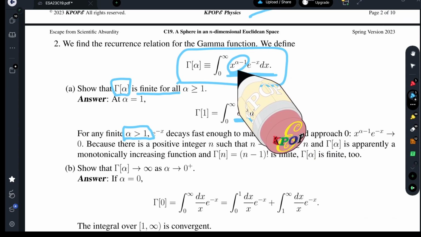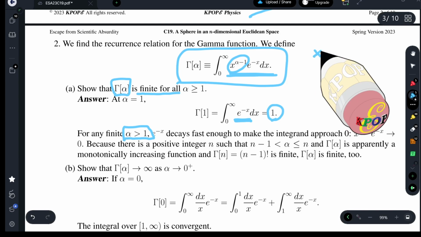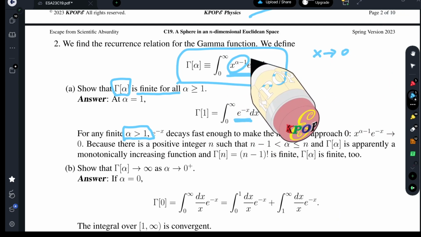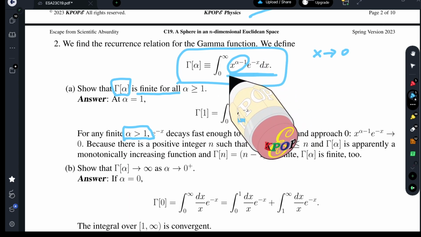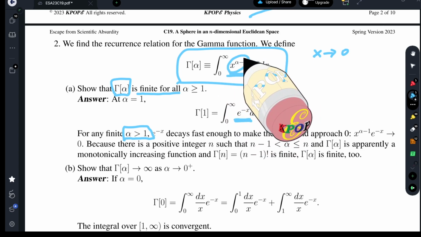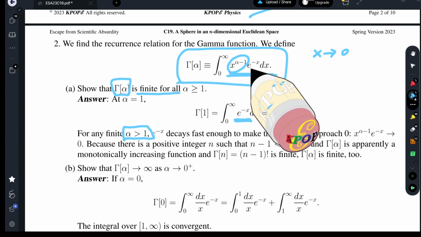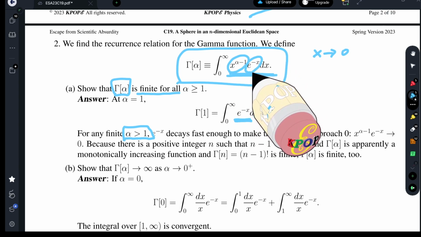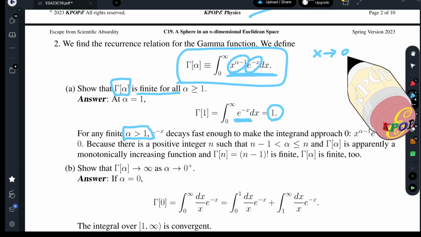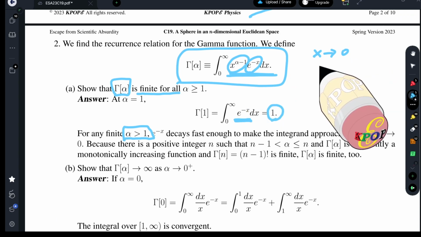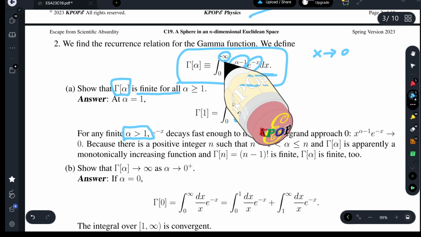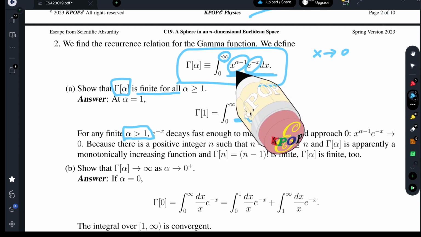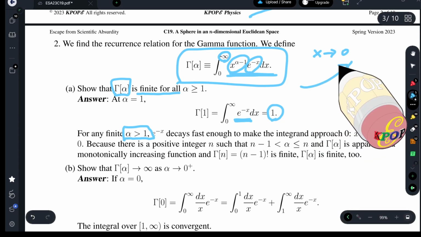In the limit as x goes to 0, this factor kills the integrand, so it converges very well. And this other factor is finite, approaching 1 as x approaches 0. On the other hand, as x goes to infinity, this factor diverges.